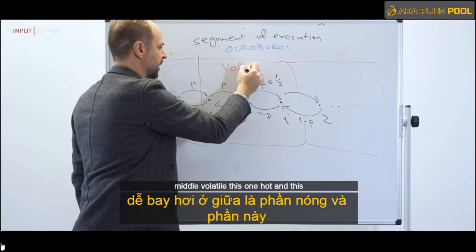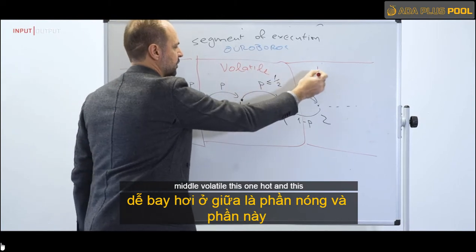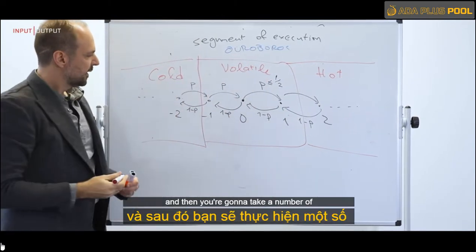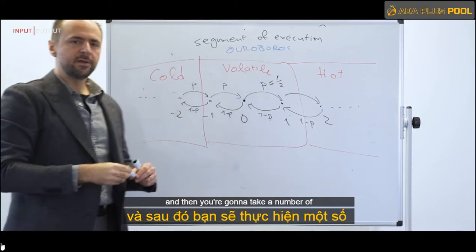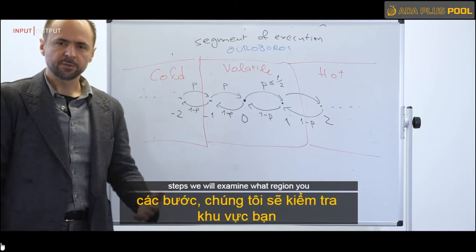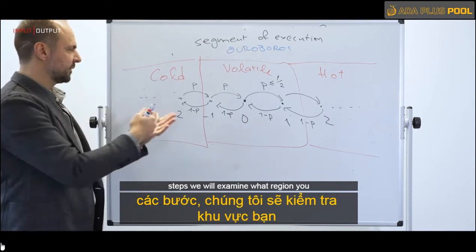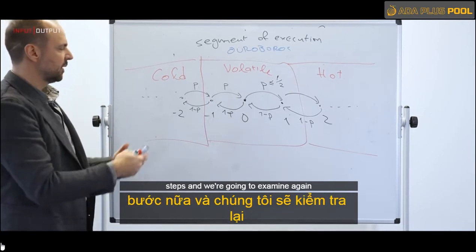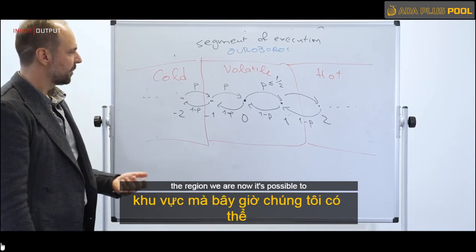Let's call the middle volatile, this one hot, and this one cold. Then you take a number of steps, and after you take a number of steps, we examine what region you are in. Then you take a few more steps, and we examine again the region we are in.